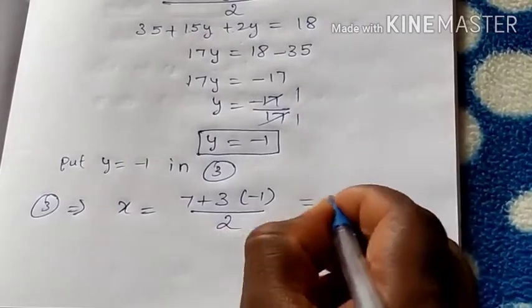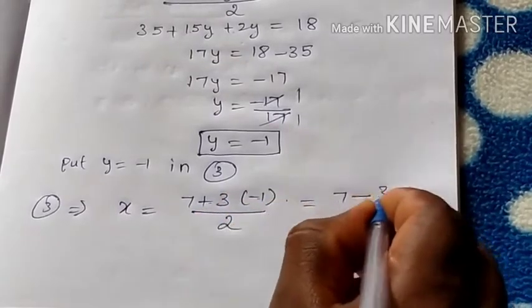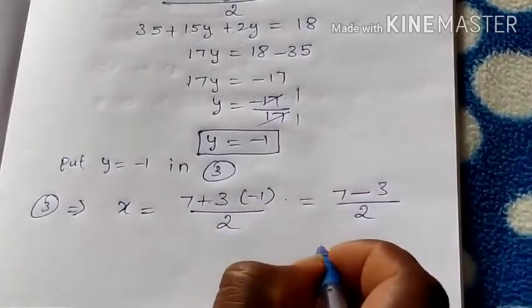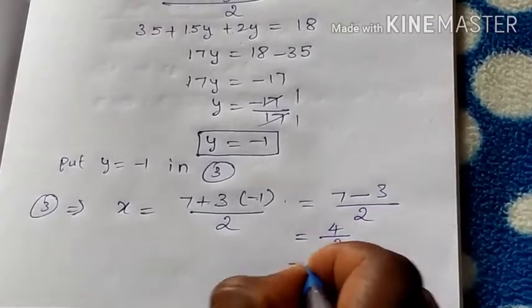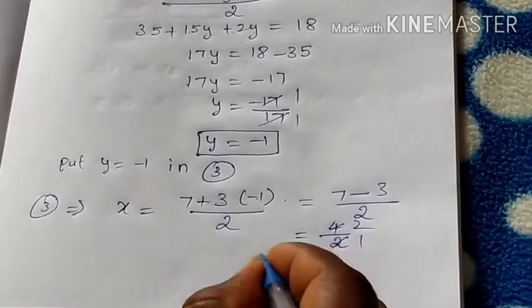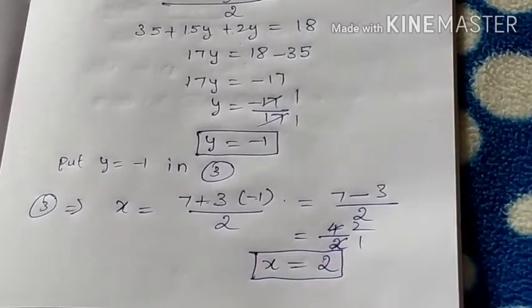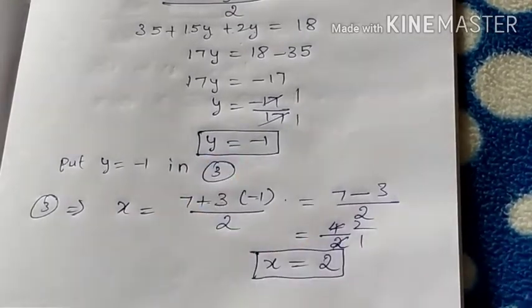Which is equal to 7 plus 3 into minus 1, that is minus 3, divided by 2. That is 7 minus 3 is 4, 4 by 2, making the cancellation, 2 twos are 4, so 2. So the value of x is 2. Therefore, x equal to 2, y is equal to minus 1.